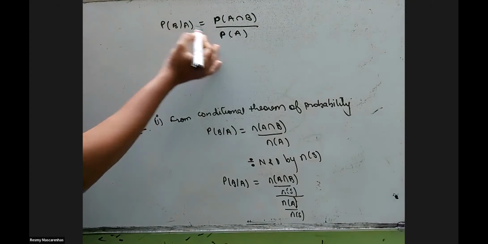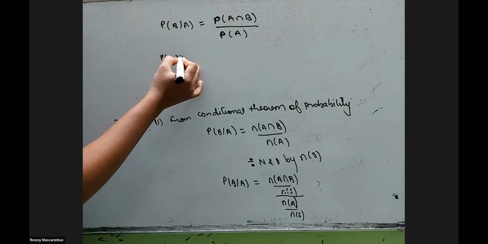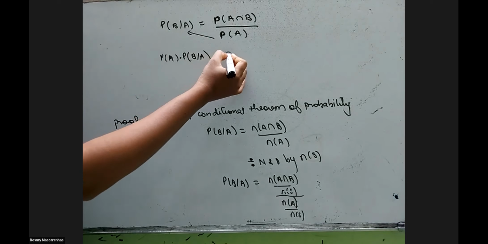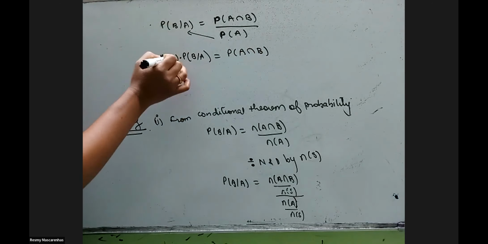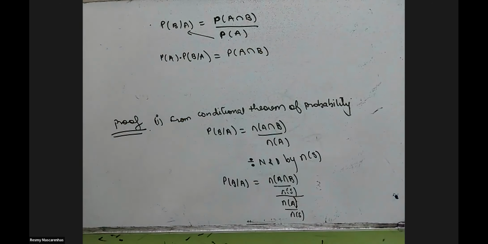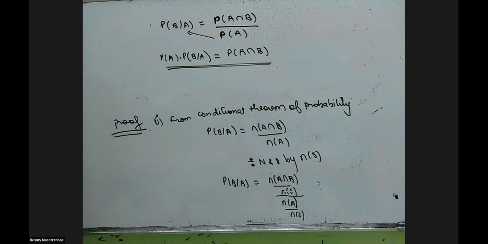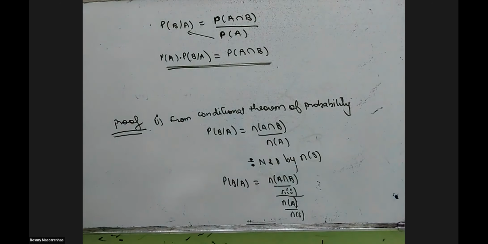Now just take this other side, so it will get multiplied. Because you are multiplying here, it is called the multiplication theorem. So this is the first proof. If you just remember this formula, cross multiply.